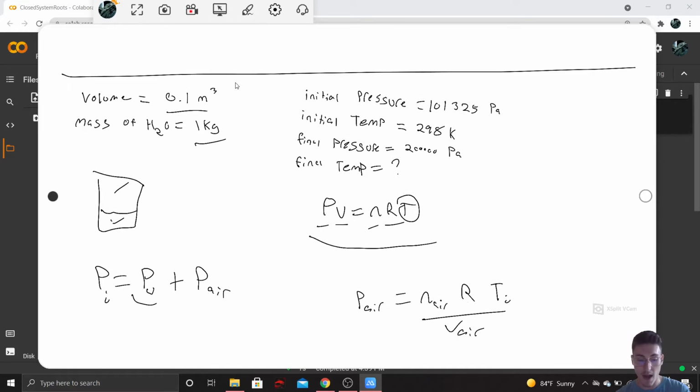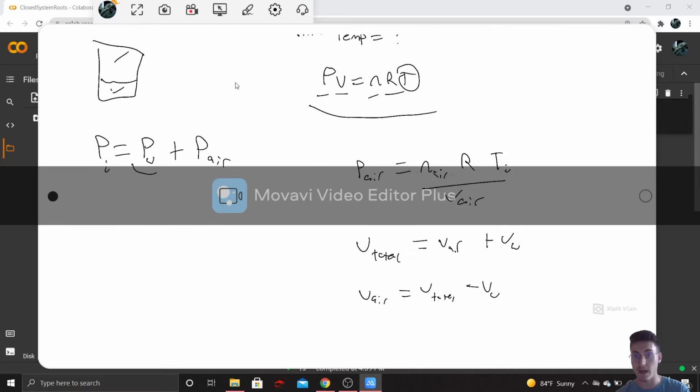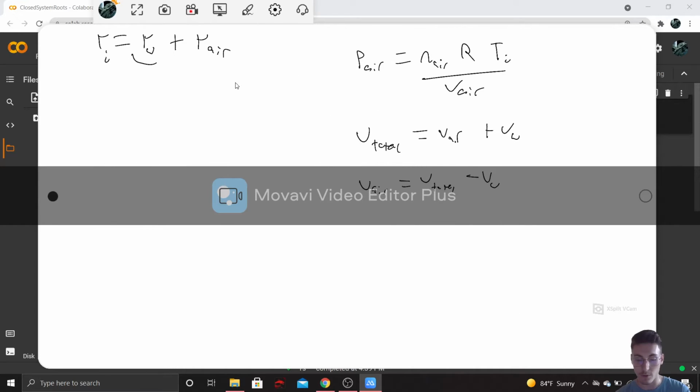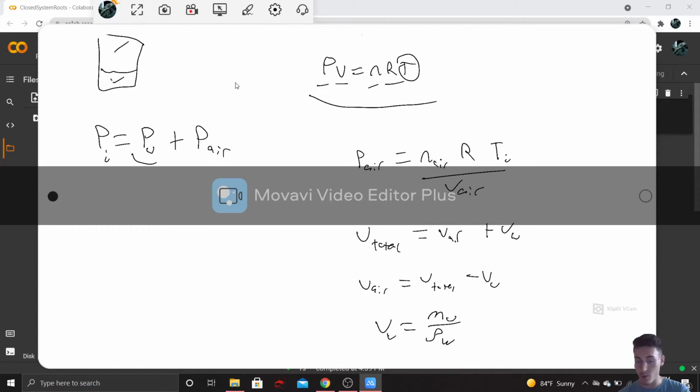Since we know the mass of the water, we can figure that out because we know the density of the water as well. So the volume of the water is going to be equal to the mass of the water divided by the density of the water. So now we have all the givens for that.